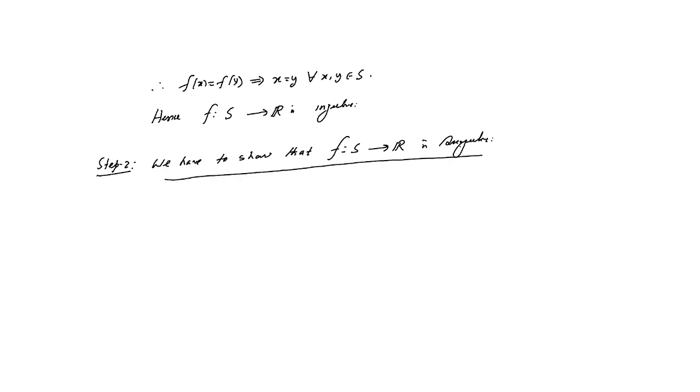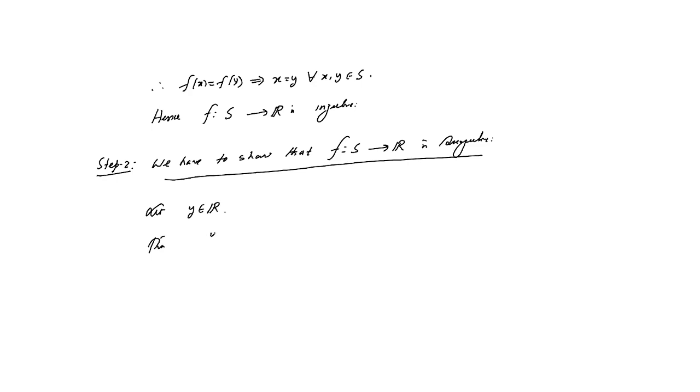This is a surjective function on R. So what we'll take, the element in the codomain set, say let y belongs to R, and this is basically the codomain.